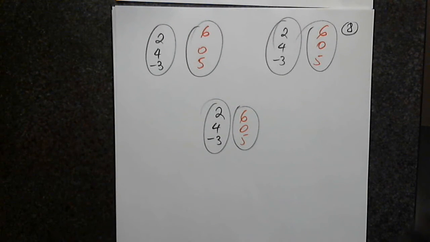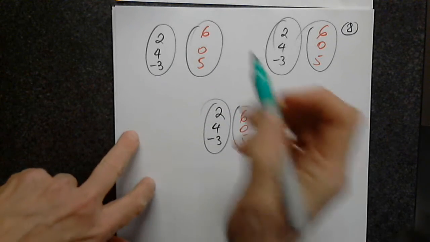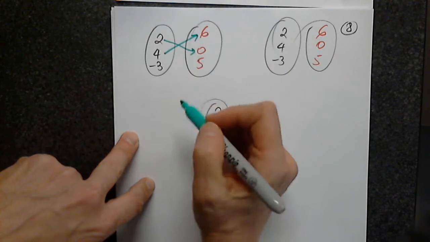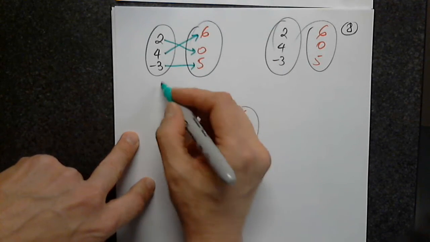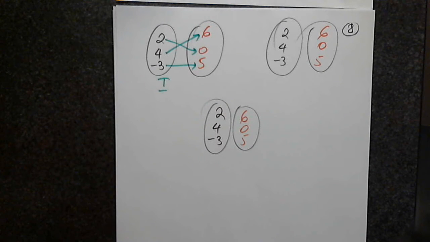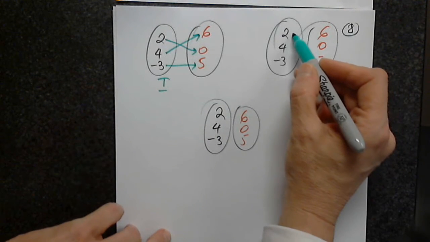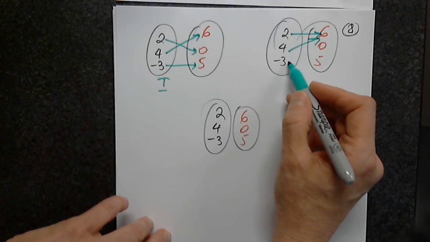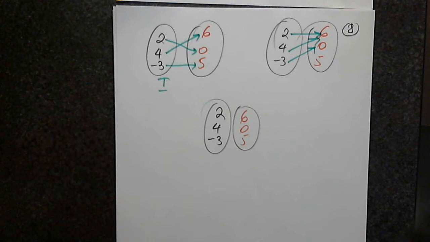And now I will select the correspondence. In the first pair, I'm going to say 2 corresponds to 0, 4 corresponds to 6, and -3 to 5. In the second pair, I'm going to say 2 corresponds to 6, 4 corresponds to 6, and -3 corresponds to 0.